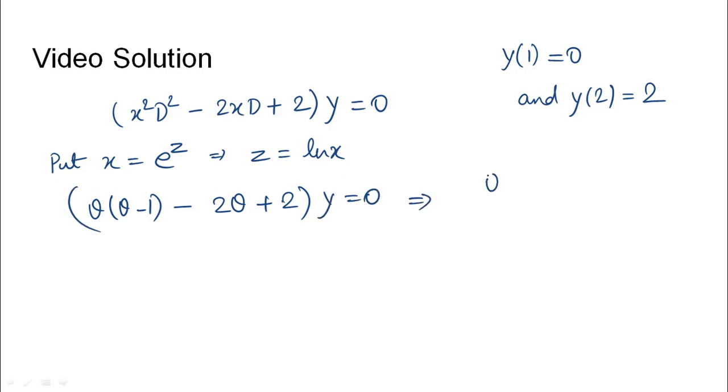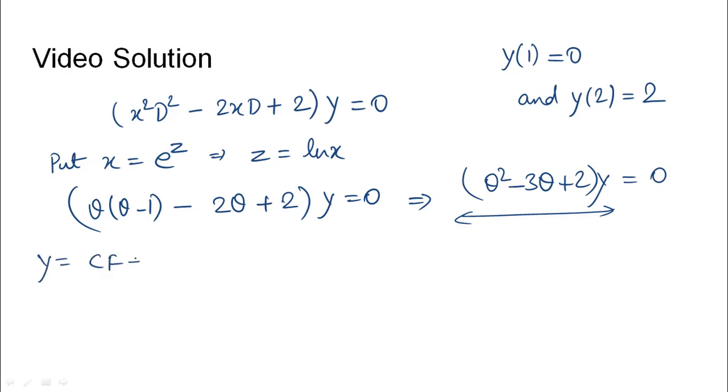This would be theta square minus 3 theta plus 2 into y equals 0. This is a standard term which can be used to get the complementary function. So in this case we will not have any particular integral, as the right hand side of this ODE is 0. We will only have the complementary function.